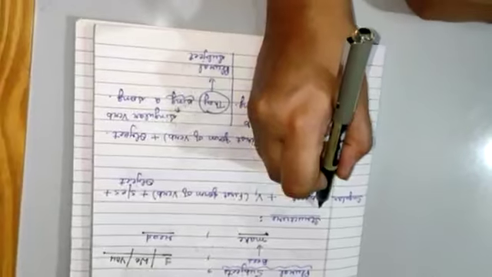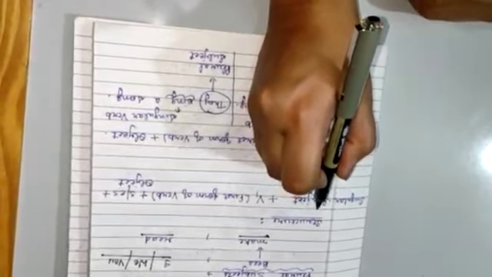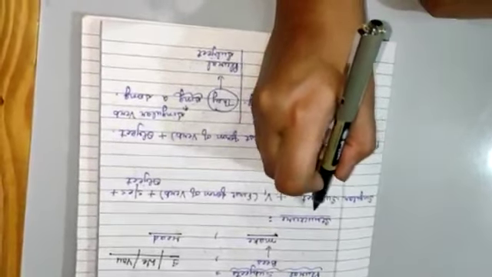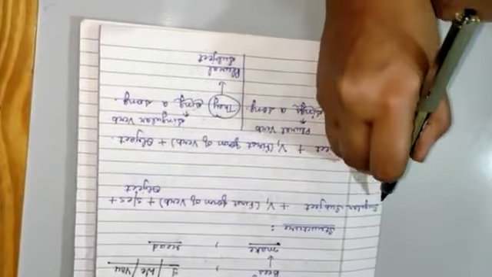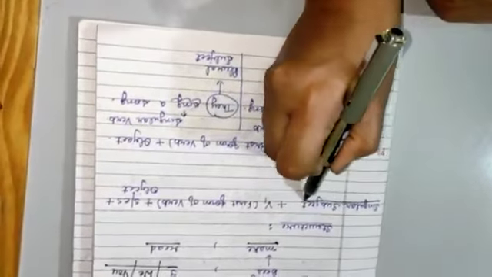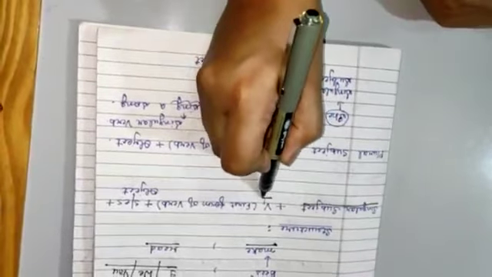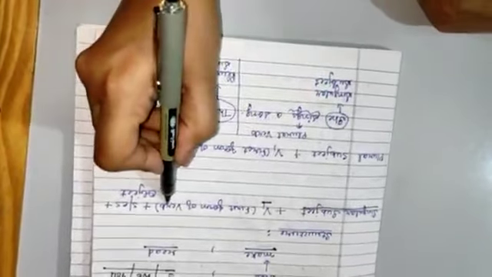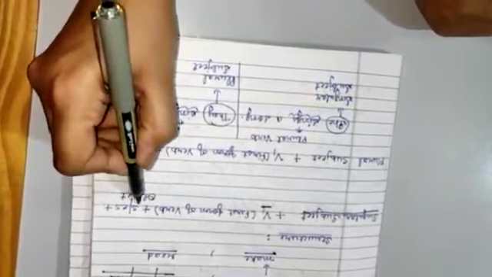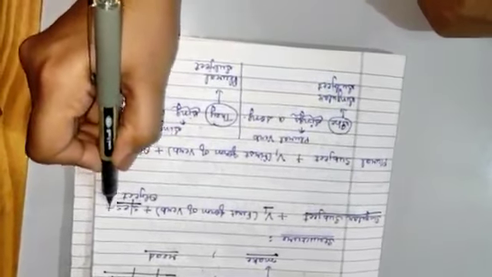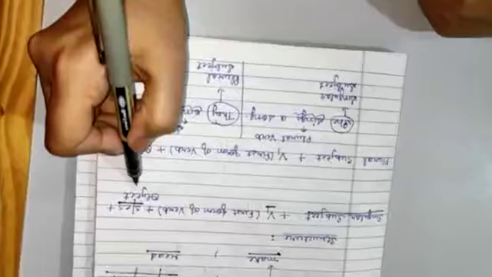So, the structure of a sentence in simple present tense is with singular subject, we use V1, that is first form of verb, plus S or ES plus object.